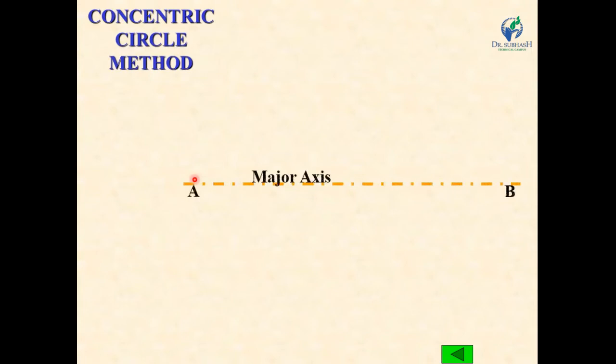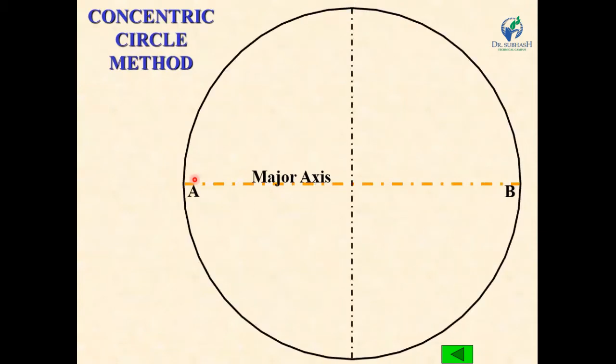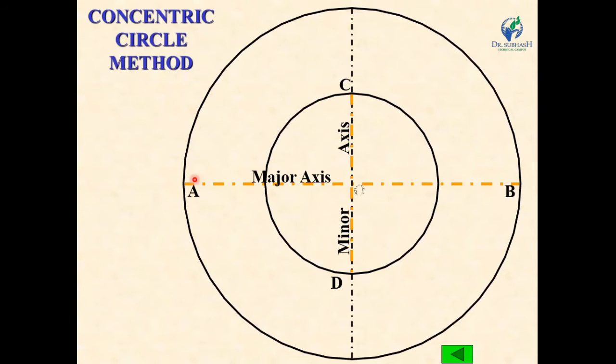First of all, draw a major axis equal to 100 mm and draw a circle whose diameter is 100 mm, that is, a circle of diameter equal to the major axis. Now draw a minor axis CD of 70 mm length, and from the same center draw a circle of diameter 70 mm, a circle of diameter equal to the minor axis.